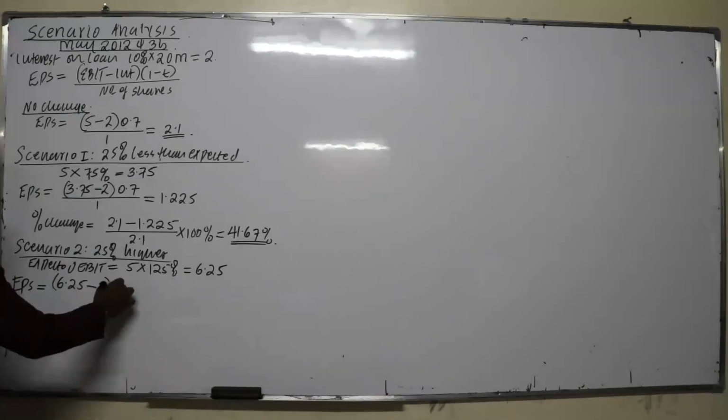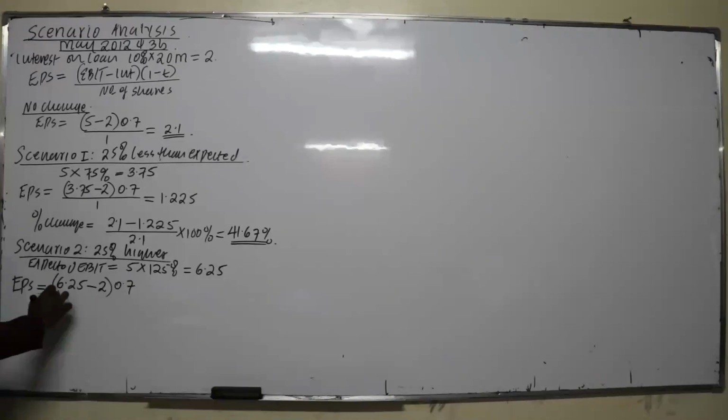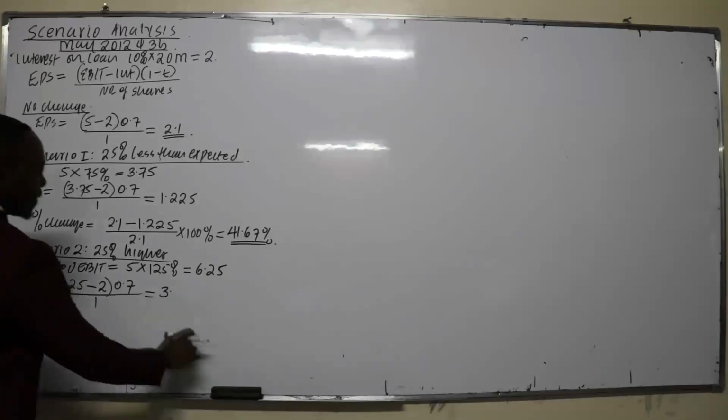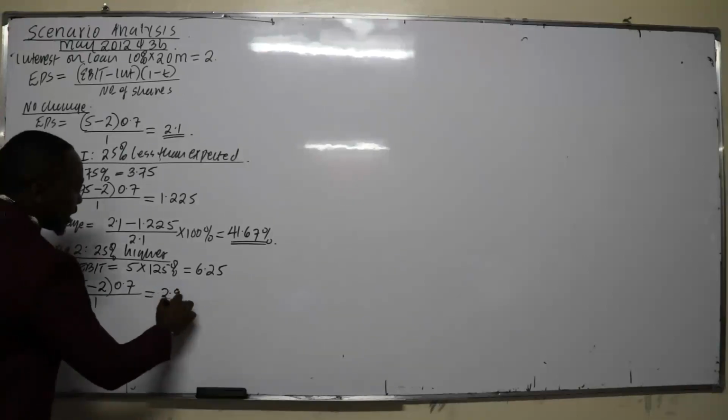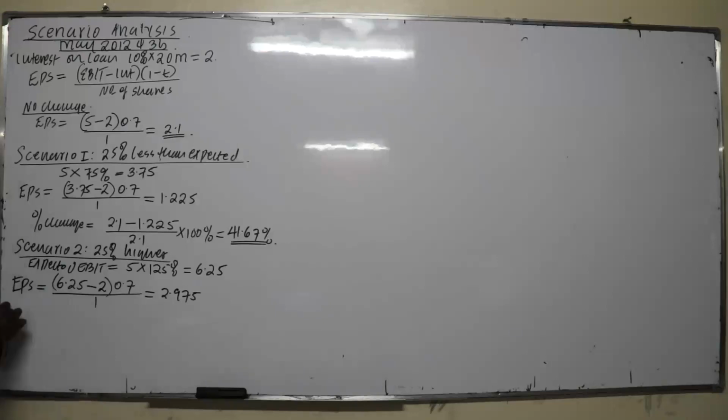Get profit after tax. Then you divide by the number of shares, 1 million shares. So how much is the EPS? 2.975.